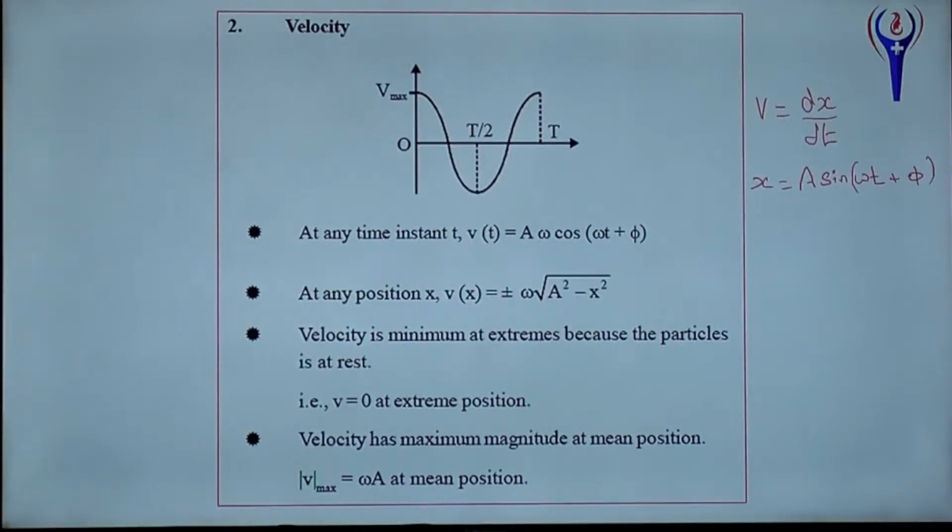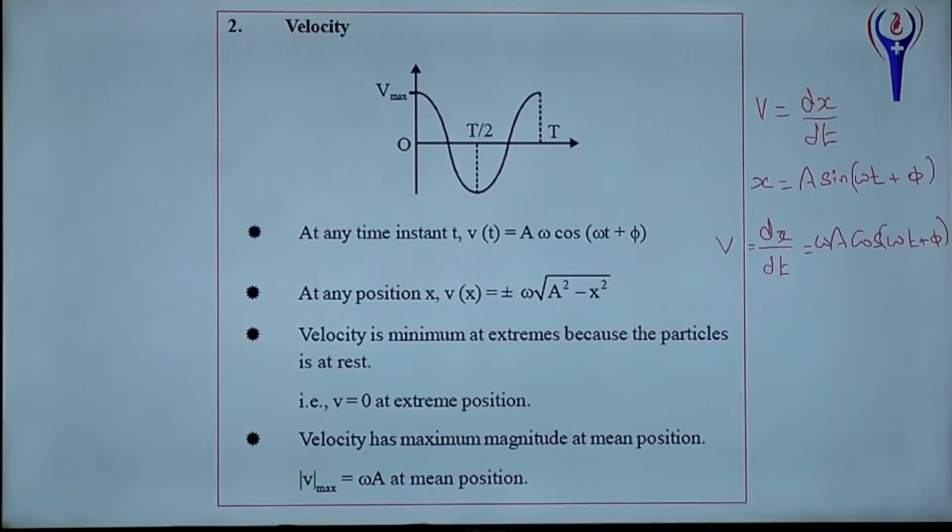Then dx by dt, that is only v. If you differentiate this, A into cos omega t plus phi. Sin theta, if you differentiate, gives cos theta into omega, that is A omega cos omega t plus phi. This is equal to v.